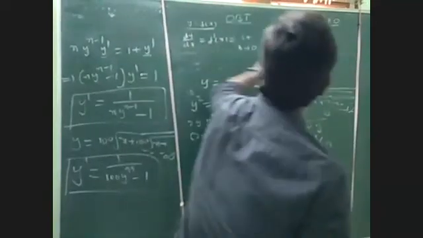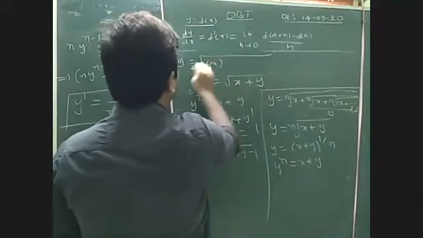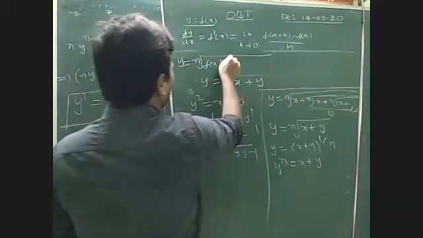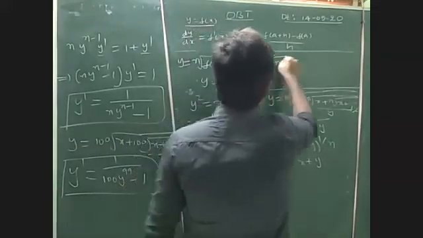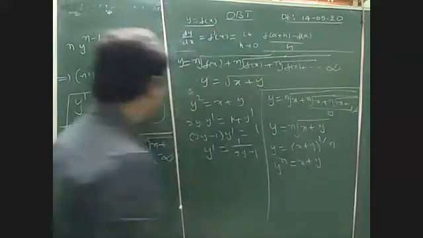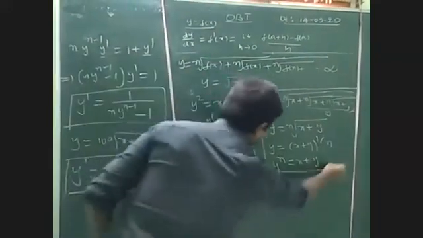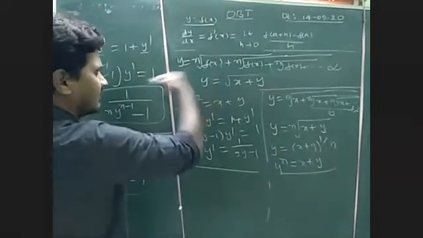The question in the form of y is equal to nth root of f of x plus nth root of f of x plus nth root of f of x plus, up to infinite terms. Then in that case, what is the dy by dx here?